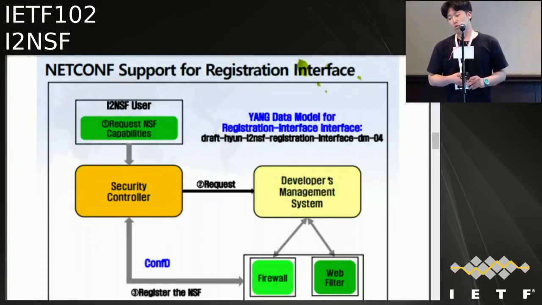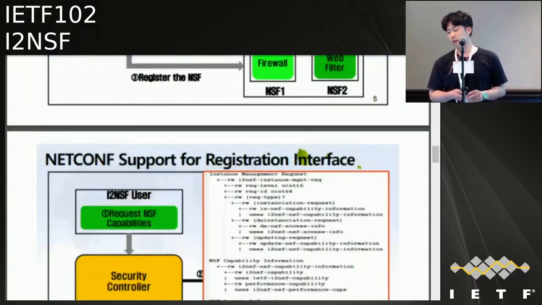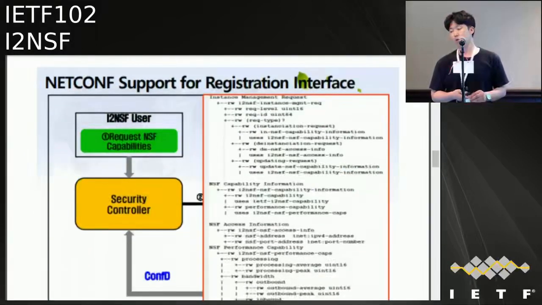If the security controller cannot find the proper NSF, it requests the instantiation of the NSF from the developer's management system. And then the developer's management system registers the NSF to the security controller. And this is the YANG data model of the registration interface.